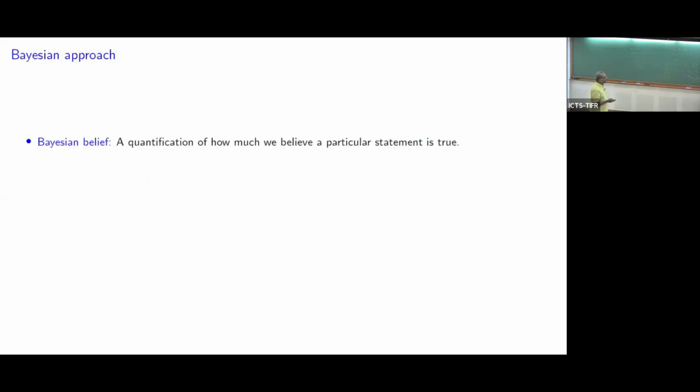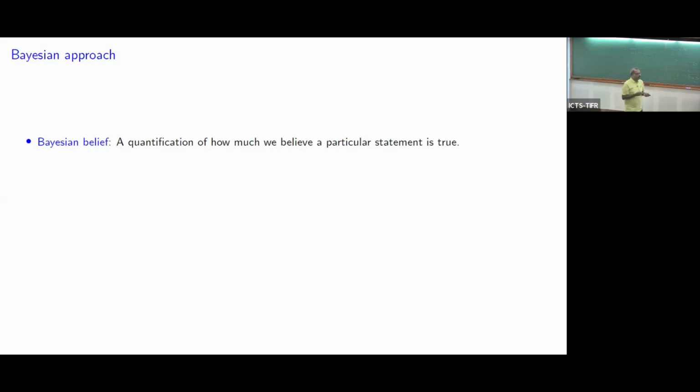So let us try to see what this Bayesian approach is. In this Bayesian approach, what we start out with is something called Bayesian belief. Again, we are in a scenario where we have non-deterministic things, or random things which we cannot predict.